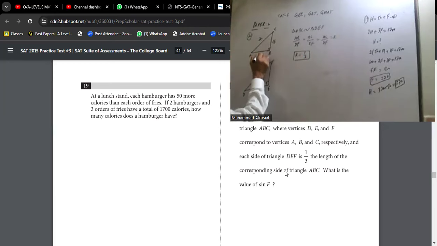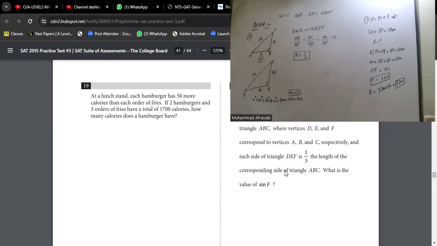So let's say it is X, and we can calculate it like this: X square plus 16 square is equal to 20 square, or X square is equal to 400 minus 256, that is equal to 144, or X is equal to 12 there. So that value is 12 we have calculated. If it is 12, then this will be equal to 36. If it is 20, it should be equal to 60. And if it is 16, then it should be equal to 48.